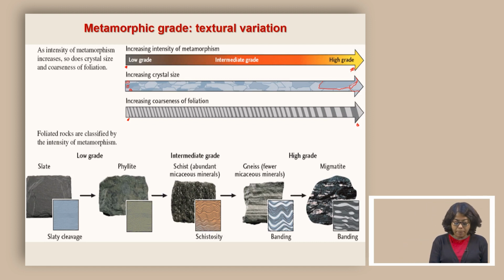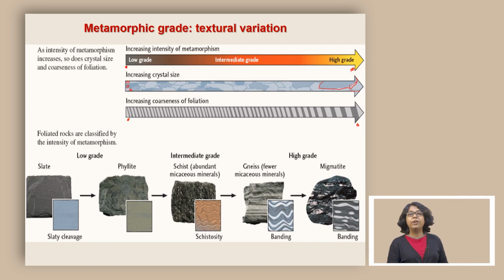When we think about slate, which is an example of very low grade metamorphism, that means we are encountering a metamorphic environment with low temperature and low pressure conditions. We see fine grained crystals, and also fine foliation.